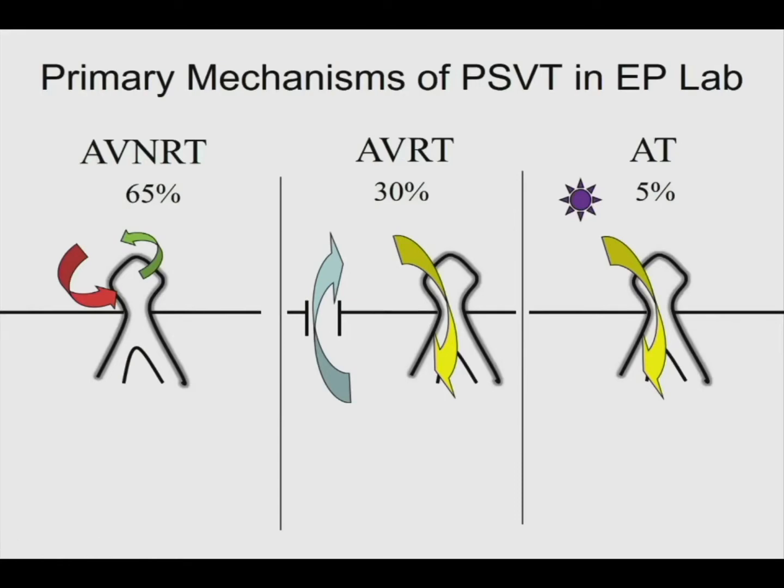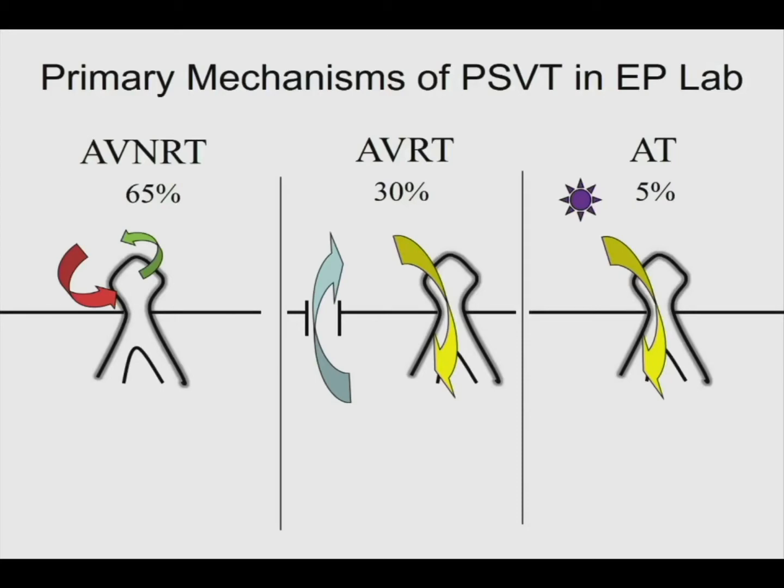Those percentages are based on a study that we did nearly 20 years ago on the percentages of these categories when patients came to the EP lab with a diagnosis of PSVT. Two-thirds of the cases of PSVT that came to the EP lab were AV nodal reentry, about one-third were AV reentry, and 5% were atrial tachycardia.